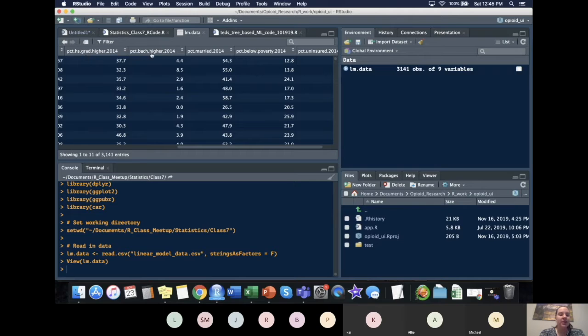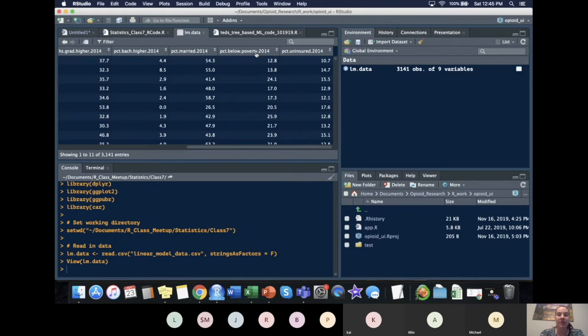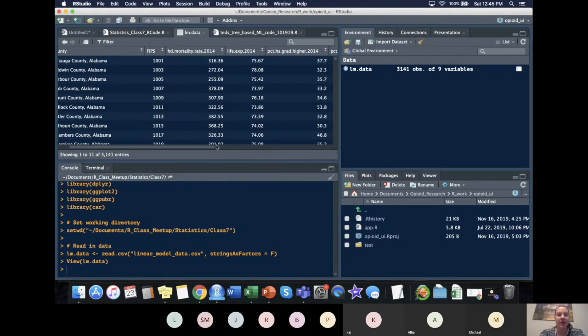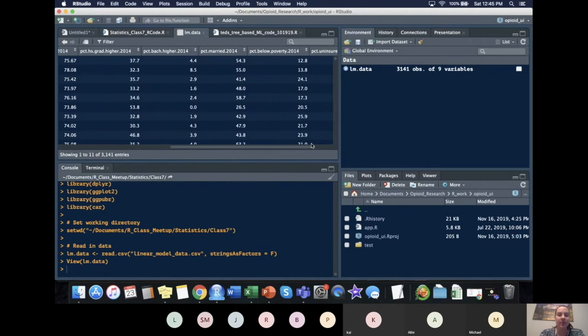Today we'll be looking at educational attainment, the percent that is married, percent below the poverty level, and percent uninsured in 2014 for health insurance. I'm using 2014. There's a lot more recent data, but I thought it would be interesting to look at. These census data will be our explanatory variables.